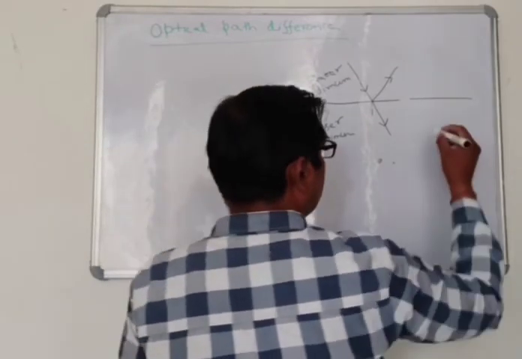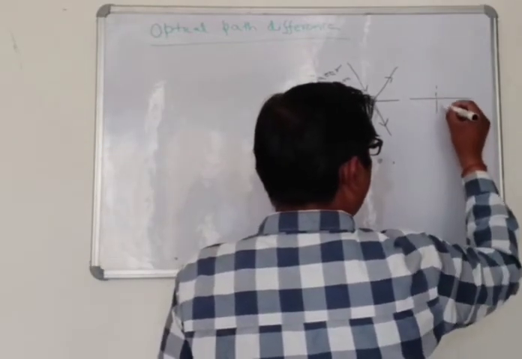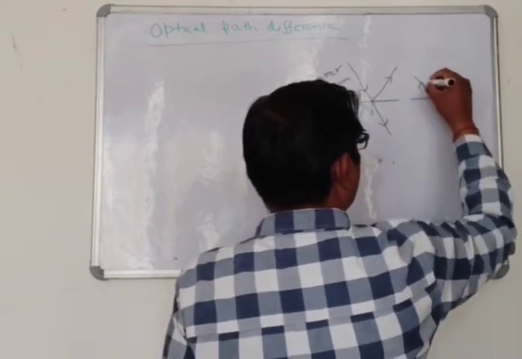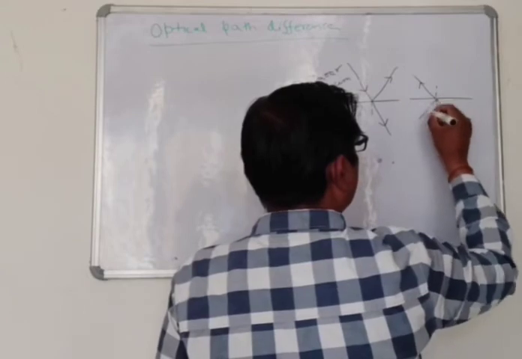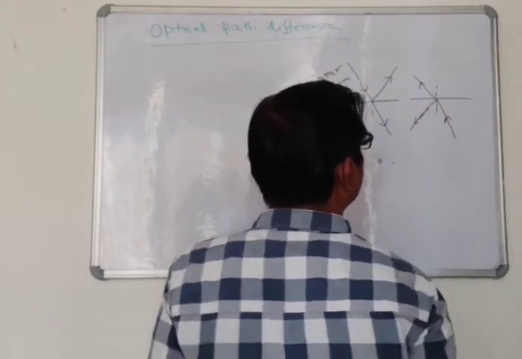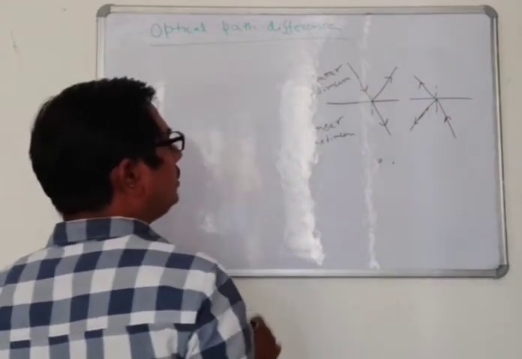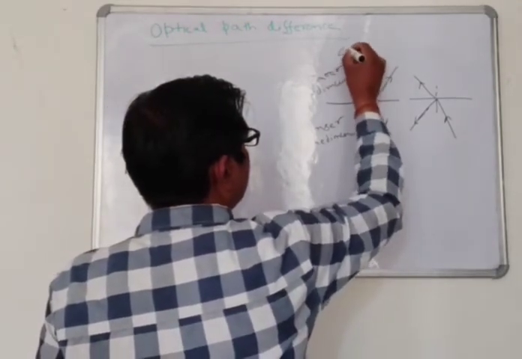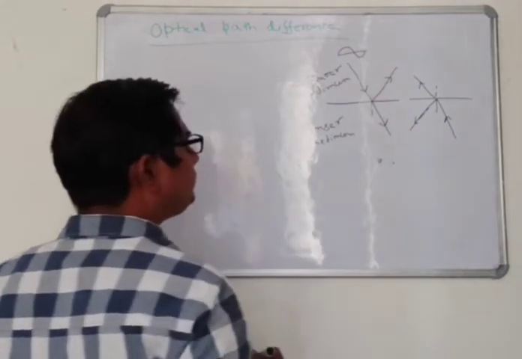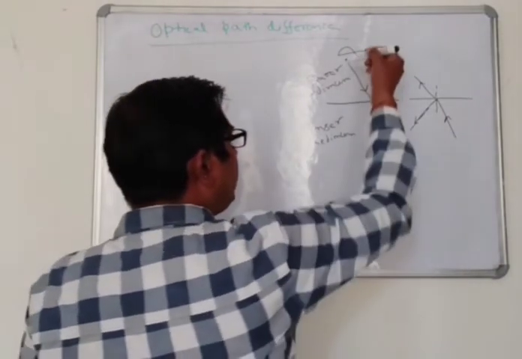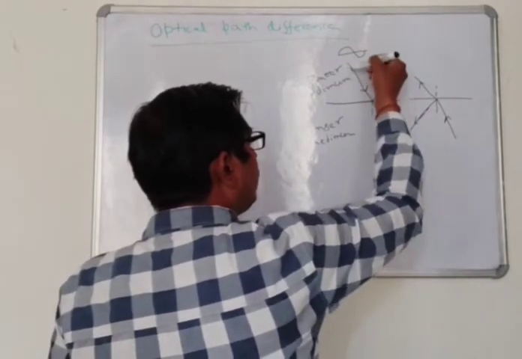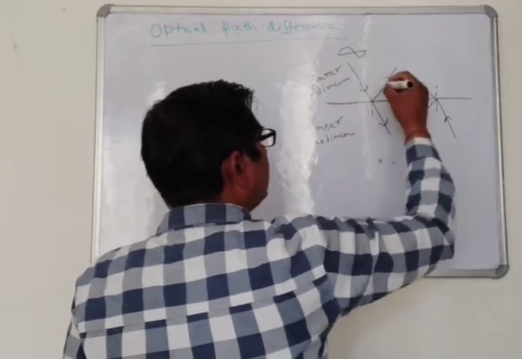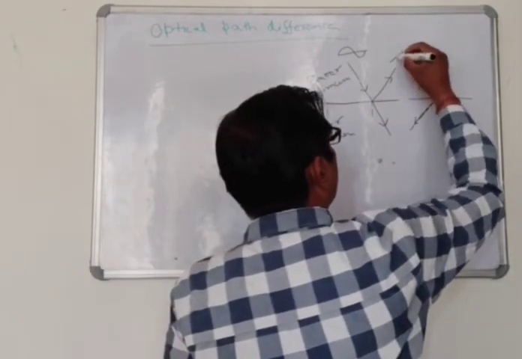When light is coming from denser to rare like that, here also some part is reflected in the denser medium. You will see that, suppose the incident light is like that. When the light is reflected from rare to denser like that, the reflected light will change its phase.